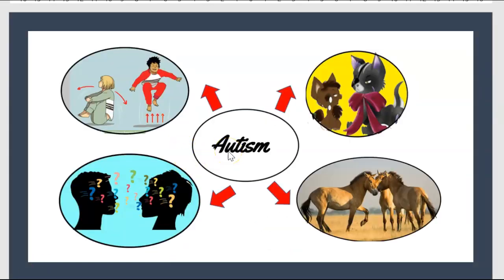There is verbal difficulty, the same repetitive gesture. If mother is outside, he doesn't cry. And there is difficulty socializing with others.